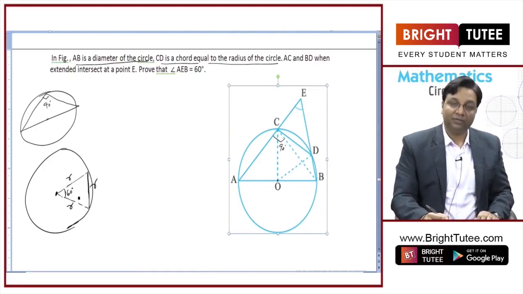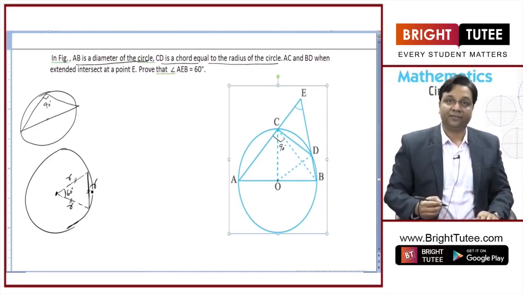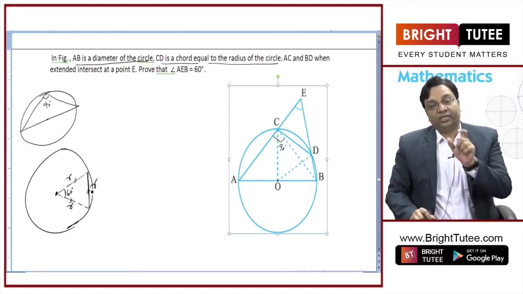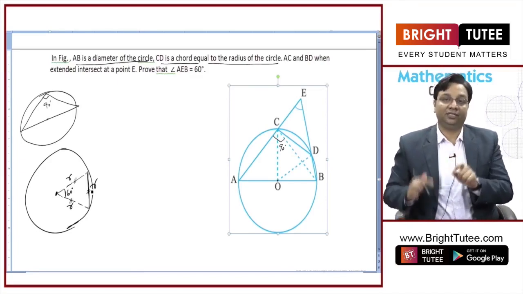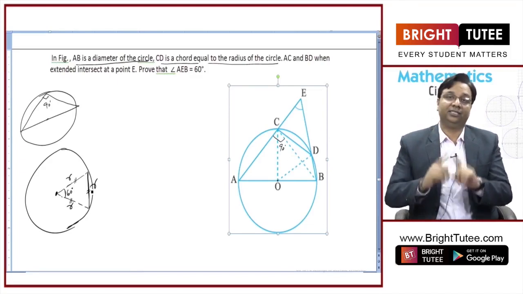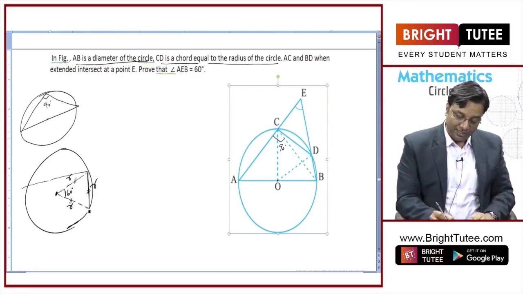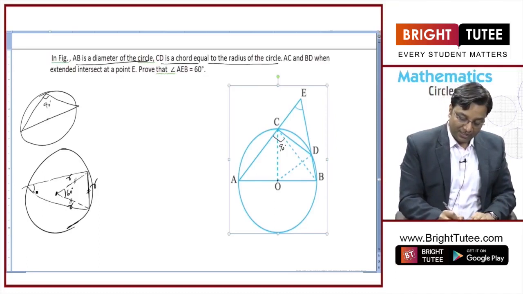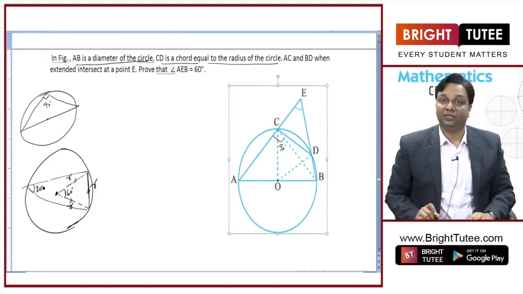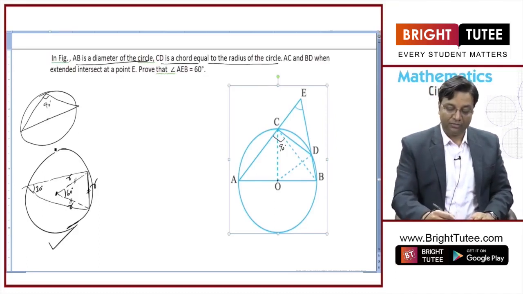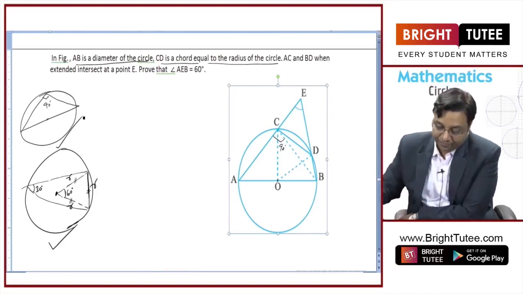Why? Because this is an equilateral triangle. This side is equal to this side is equal to this side. So a chord equal to the radius will subtend an angle of 60 degrees at the center, and this chord will subtend an angle of 30 degrees at the remaining part of the circle. This should be clear to you in your mind.